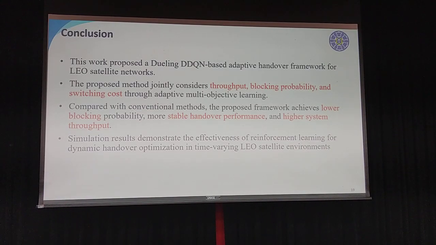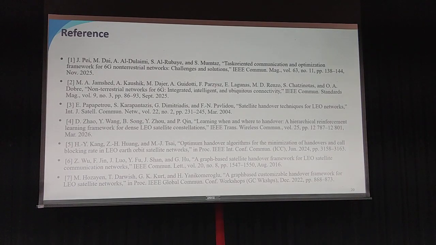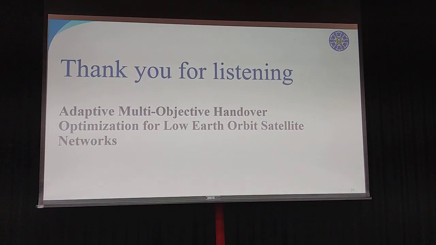Simulation results show that our framework achieves lower blocking probability, more stable handover performance, and higher throughput compared with conventional approaches. Overall, the results demonstrate the effectiveness of reinforcement learning for dynamic handover optimization in future LEO satellite communication systems. This is my reference. Thank you for listening.